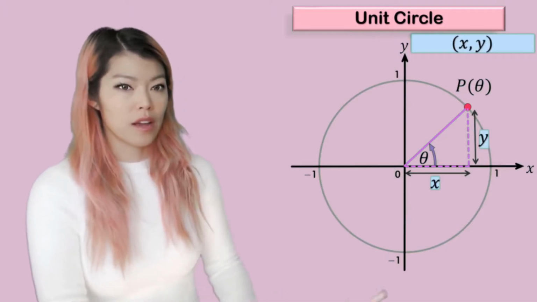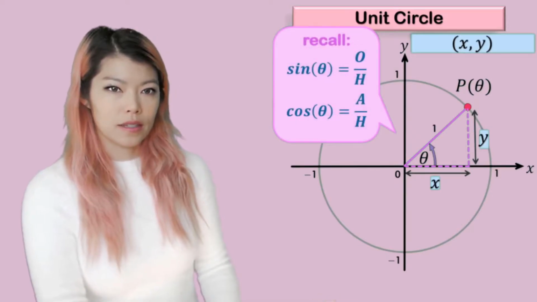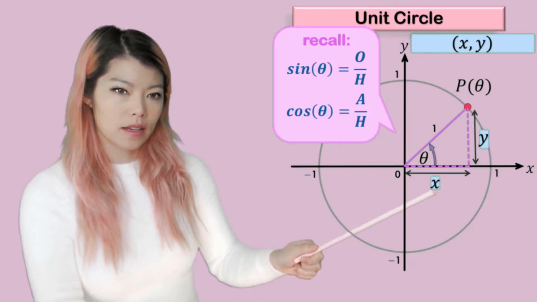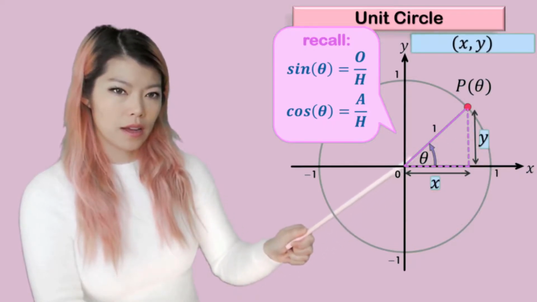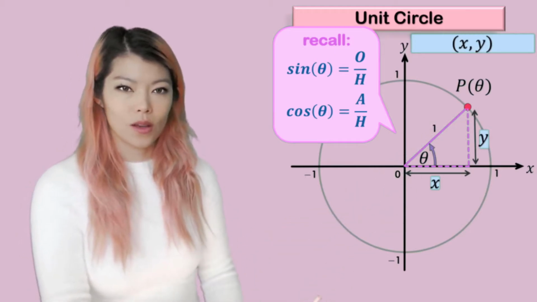And we know from right angle triangles that we can do SOHCAHTOA. And here we have the opposite to the angle to be y, the adjacent to be x, and the hypotenuse is 1.